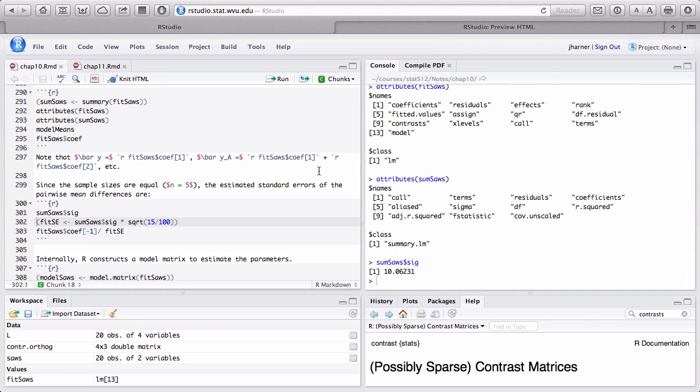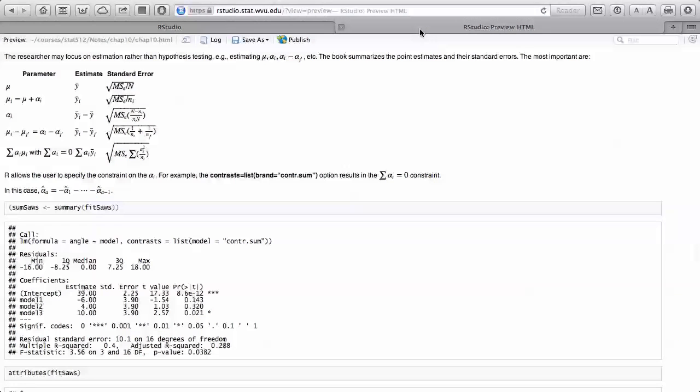Now, if I wanted to compute, say, the standard errors of the alpha hats, then that's the square root of the mean square error times big N, the total sample size, minus n sub i, over n sub i times big N. So big N is 20, and all the little n's are 5. So the numerator is 20 minus 5, or 15. The denominator is 5 times 20, or 100.